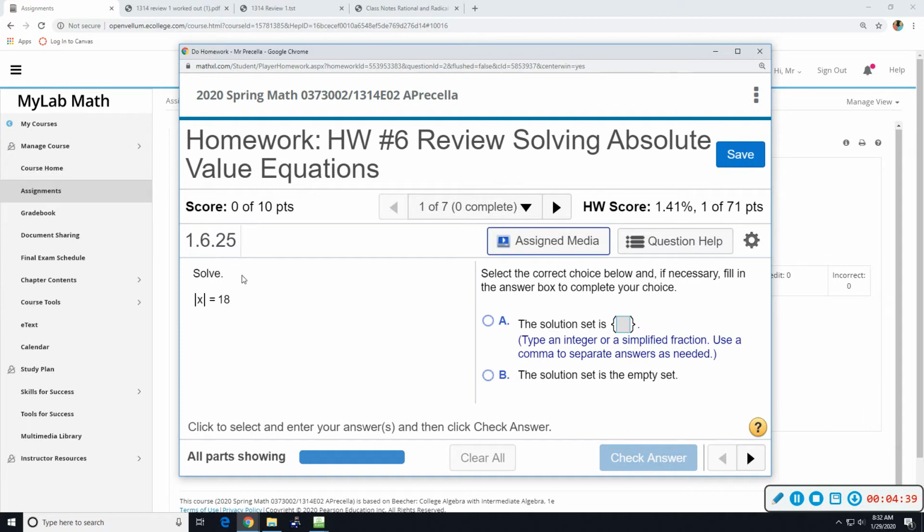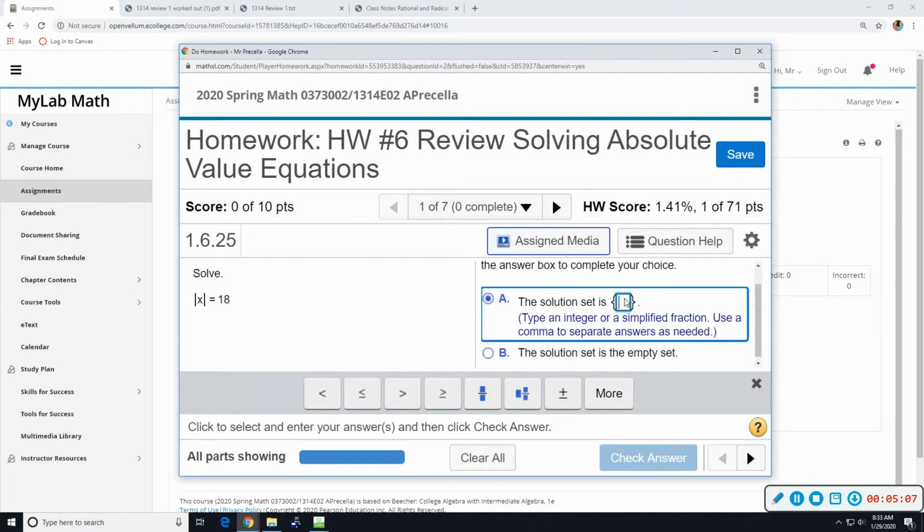There's some math problems that we'll do, and lately it's been every one of them, that in order to do it, you got to scribble, scribble, scribble to get an answer. Is this one of those that's going to take a lot of scribble, or you just read it and put in the answer? Yeah, you don't really need to write anything down for this. The absolute value of x equals 18. The solution would be positive 18 or negative 18.